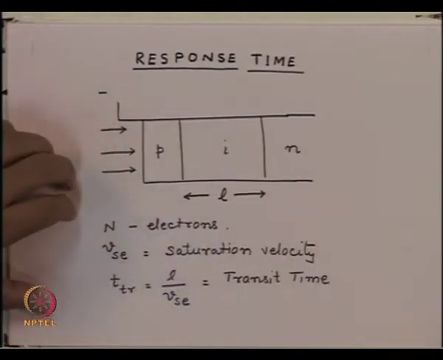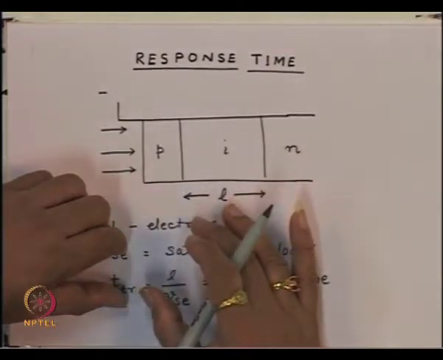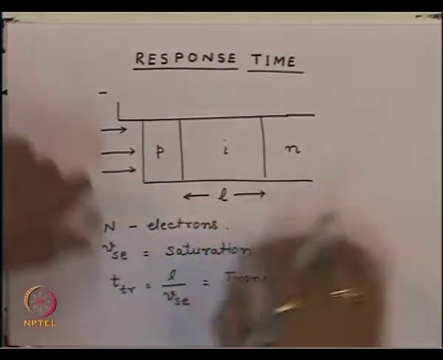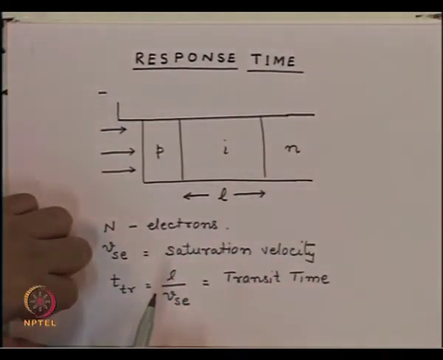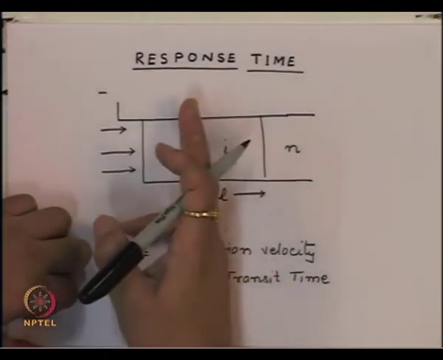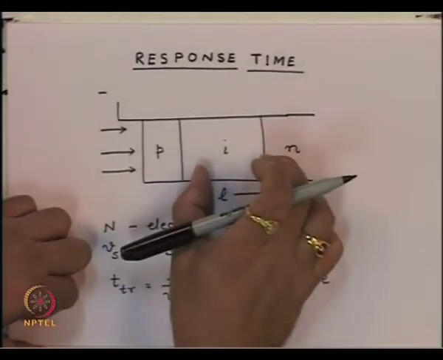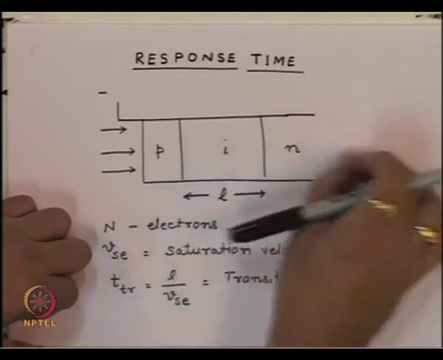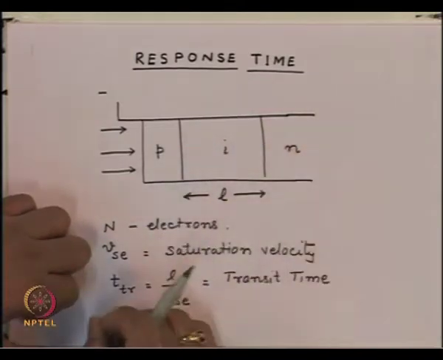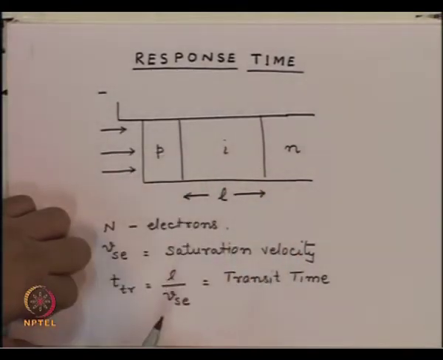So, now one can see that as soon as the electron hole pairs are generated inside this region and they start moving, you have a very large value of current which will be flowing in the external circuitry. And then as the electron starts drifting, the number of electrons which will remain in transit will go on reducing till all electrons have crossed this edge of the intrinsic layer, and the same is true for the holes.